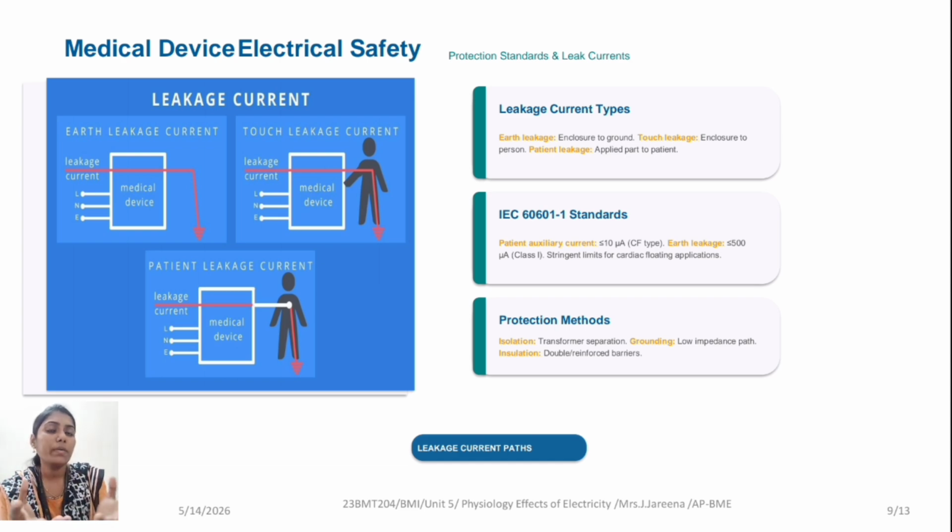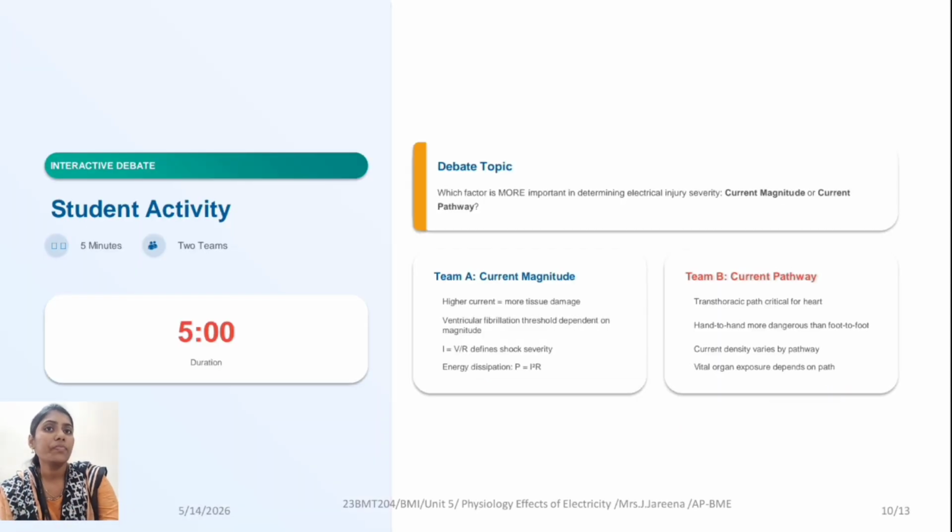These are three common protection methods to avoid leakage current, which is a very serious case. We have to keep it within the limit, or else it will lead to shock. We have three types of leakage current: earth leakage, touch leakage and patient leakage.